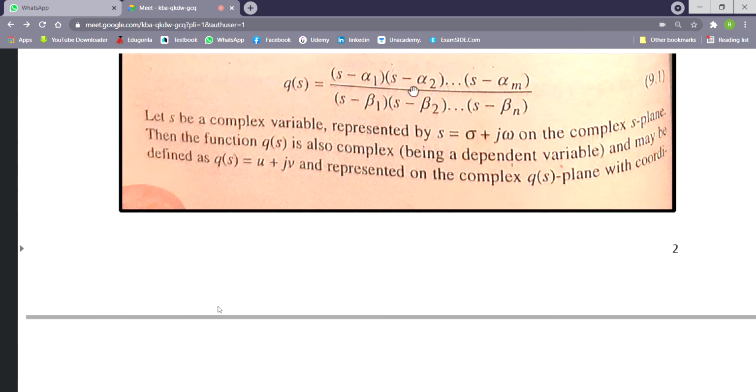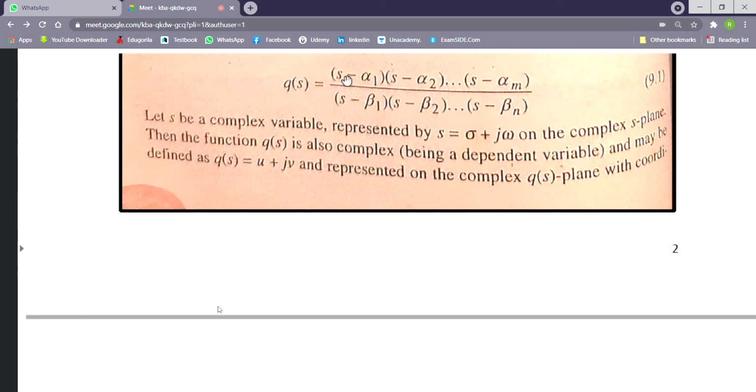So product of all these phasor lengths divided by magnitude S minus beta 1, magnitude S minus beta 2, dot dot dot magnitude S minus beta n. So product of all these phasor lengths and ratio of these two, right? And angle of QS, what will be the angle of QS?